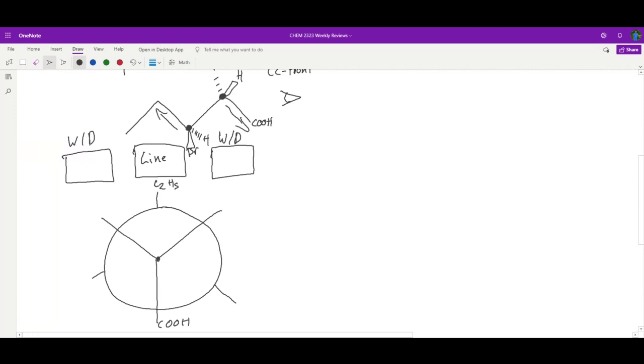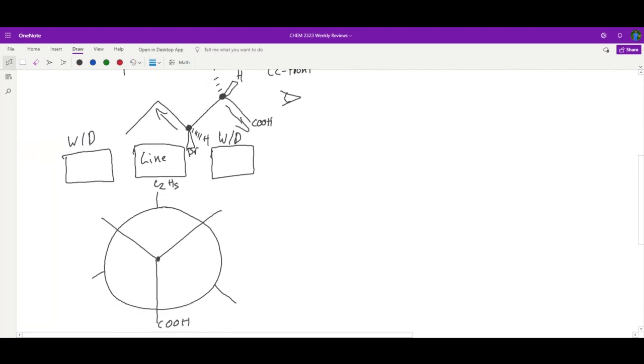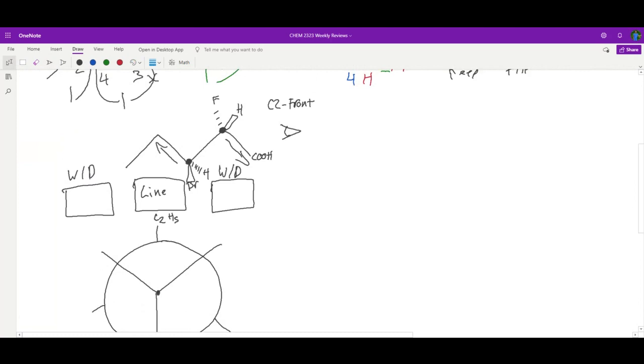Okay, now I have to figure out which side is my wedge and which side is my dash. Let's say I don't know at all and had to just completely guess. The fact that fluorine is a dash and bromine is a wedge should tell you that they are going to be on opposite sides of the projection. So at the very least, keep them opposite to each other.